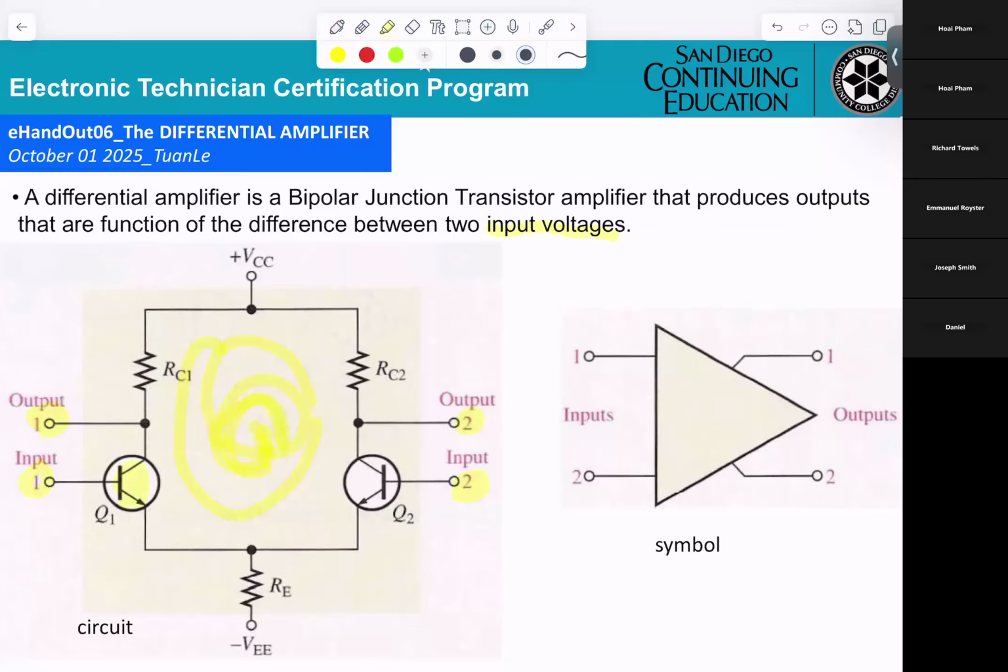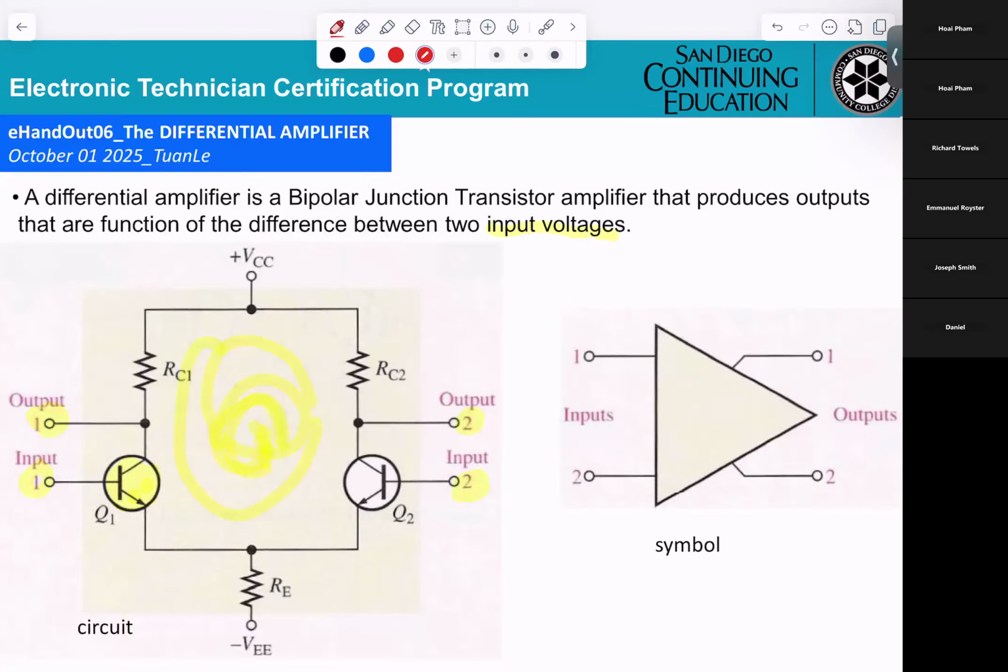For Q1, what is the amplifier? You have an output coming from the collector, so that means it's a common emitter.